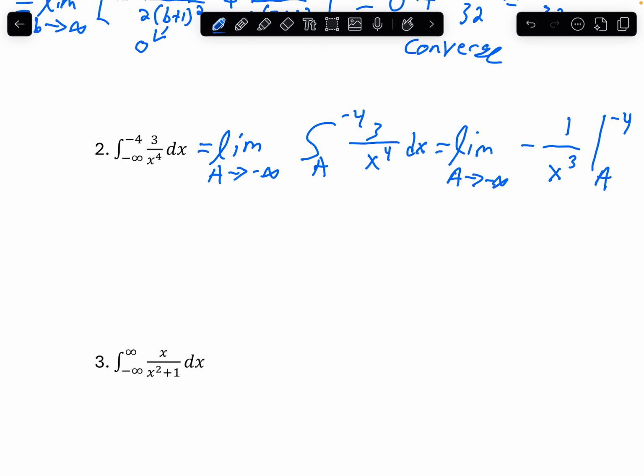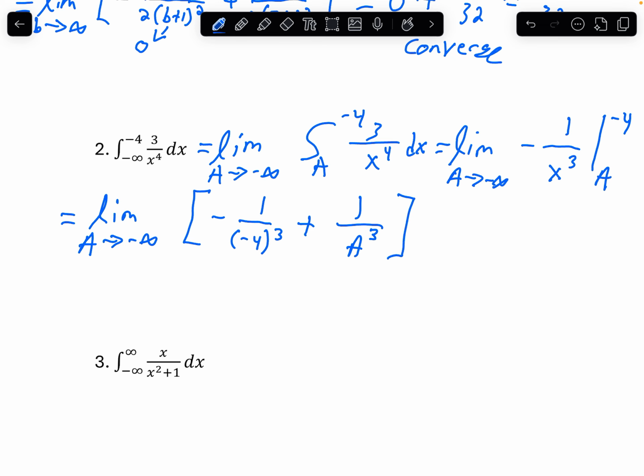So, applying that fundamental theorem of calculus, this is the limit as a approaches negative infinity of, this is going to be negative 1 over (negative 4) cubed minus negative, so plus, 1 over a cubed.